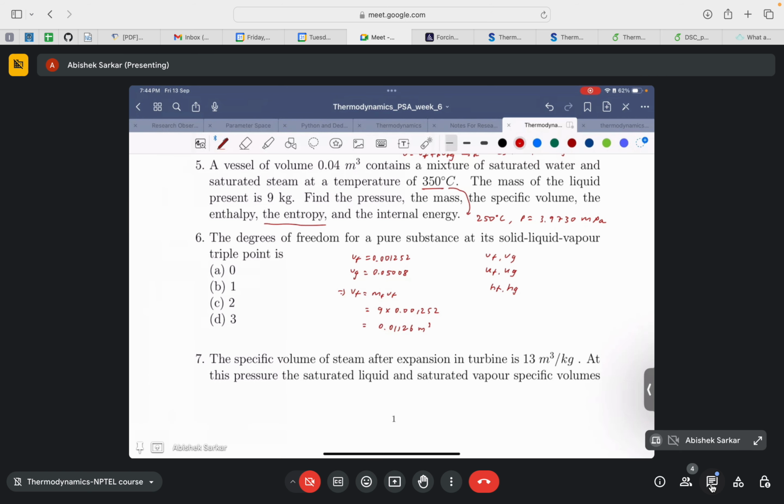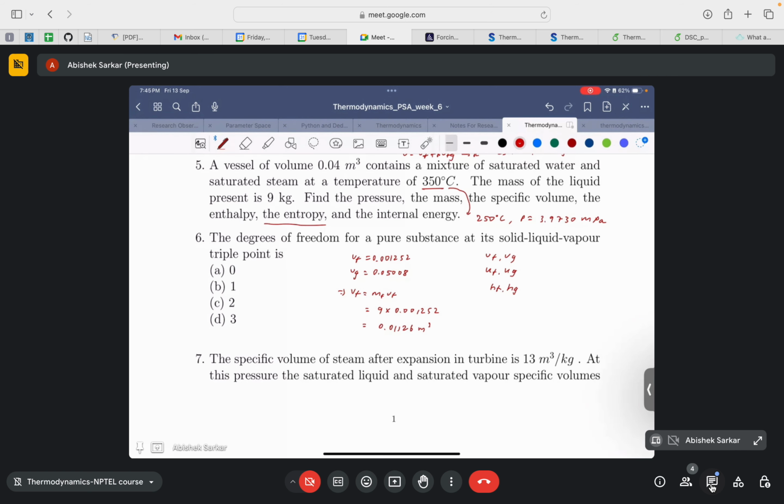Can you check decimal places? The decimal places seem to be a bit wrong, but other values are correct. You can just check the zeros that you put while multiplying. It's 0.011268. Just one zero is missing after the decimal point. You can add it.